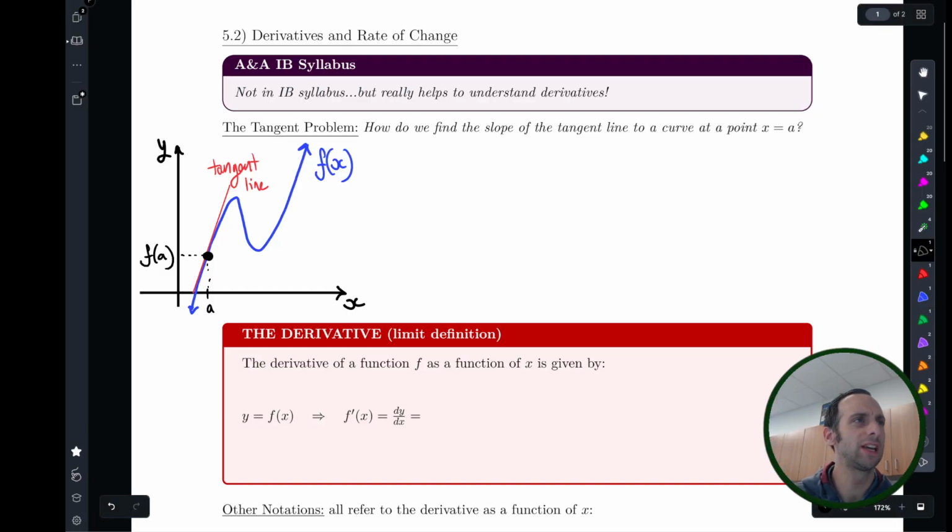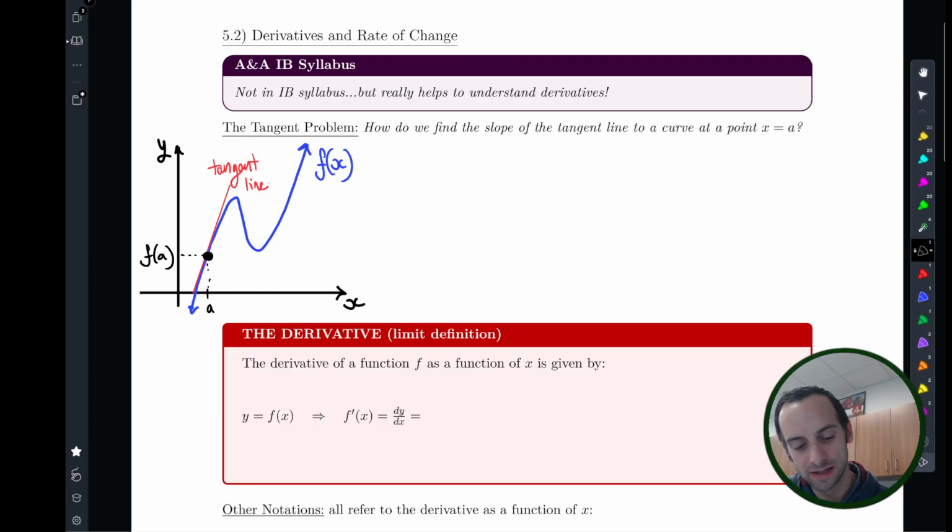So we begin by thinking about another point on the x-axis, slightly further away from this point A. So we'll go some distance away from A, and we'll call that distance h. So our second point will be A plus h, and for illustrative purposes, I've drawn it quite far away.